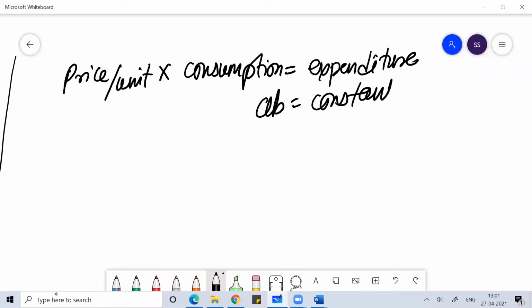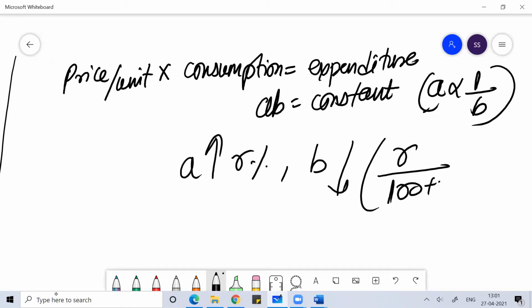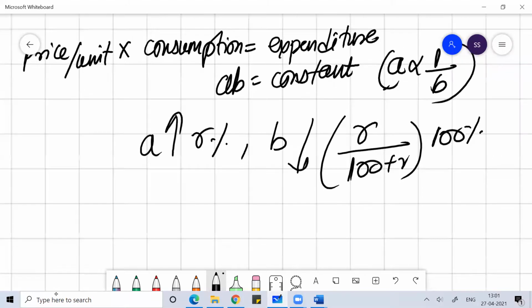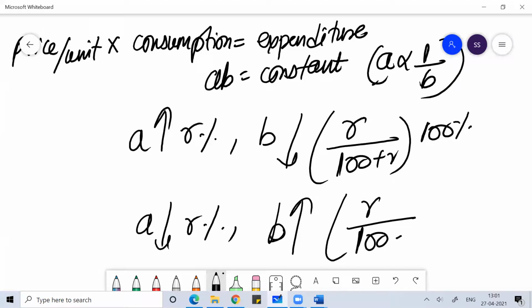Whenever the product of two variables is constant, like A into B is equal to C, understand that the two variables are inversely proportional. If one variable increases by R%, the other should decrease by R by 100 plus R into 100% to keep the product same. Or if the first variable decreases by R%, the other should increase by R by 100 minus R into 100% to keep the product constant.